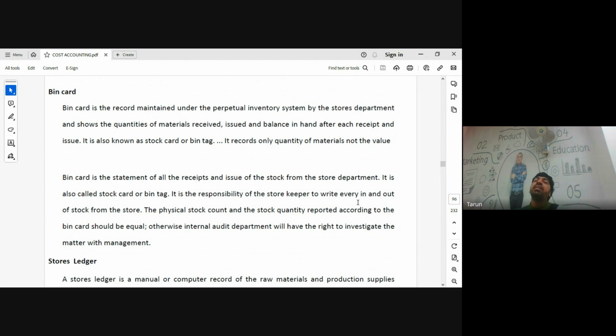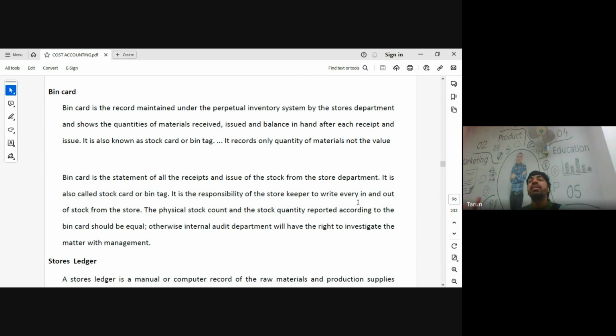So as I already told, the bin card records only the quantities of the materials, not the values, not the cost of the materials in rupees. In other words, the bin card is a statement of all the receipts and issues of stock from the stores department. As I told, it is a stock card.